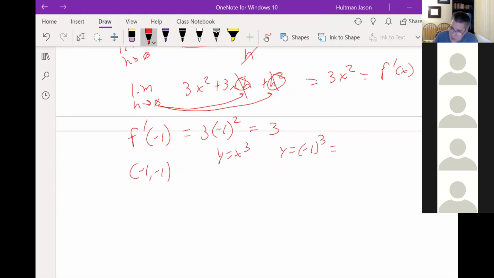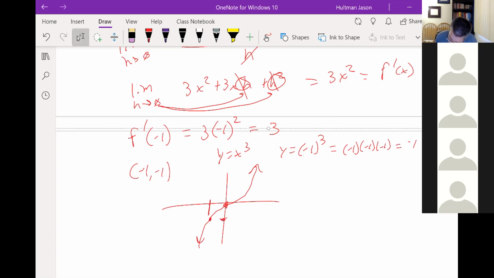What's -1 times -1 times -1? Isn't that -1? So when x is -1, y is -1 on this curve. This is called the x cubed curve. It's called a serpentine because it looks like a snake. Here at -1, we're at -1, so that's -1, -1. Makes sense?